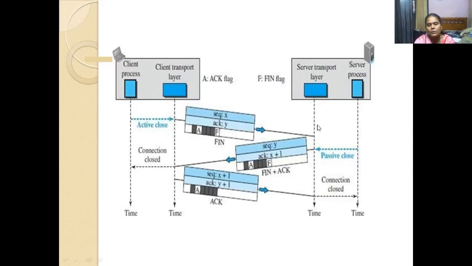Once the server receives a finish segment, it has to acknowledge. If it has some data to transfer, once all the transfer has happened, it has to send the finish segment, and along with that, it can send an acknowledgement of the client.